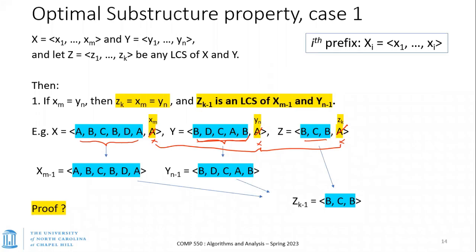So you need to come up with a contradictory hypothesis, and then say, well, if that was true, then it would be contrary to the original assumption. So how can we do a cut and paste proof here?